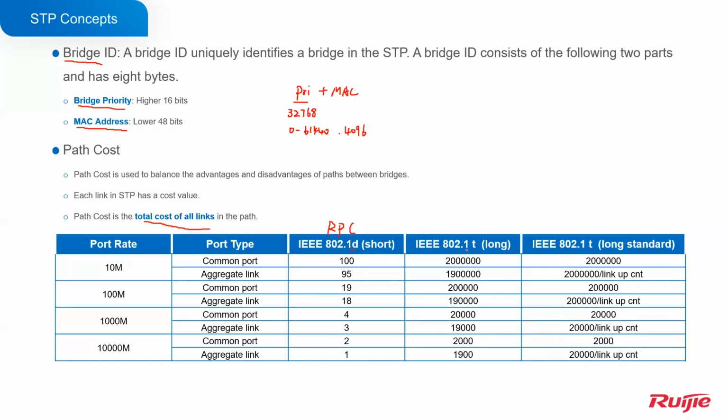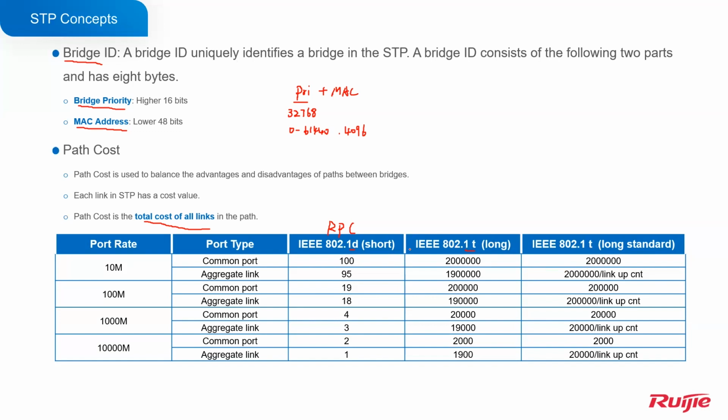802.1D, 802.1T, and 802.1T non-standard. You can see different standards you use, you can get different values. And what you can see here, short, long or long standard, is a command related to this standard.